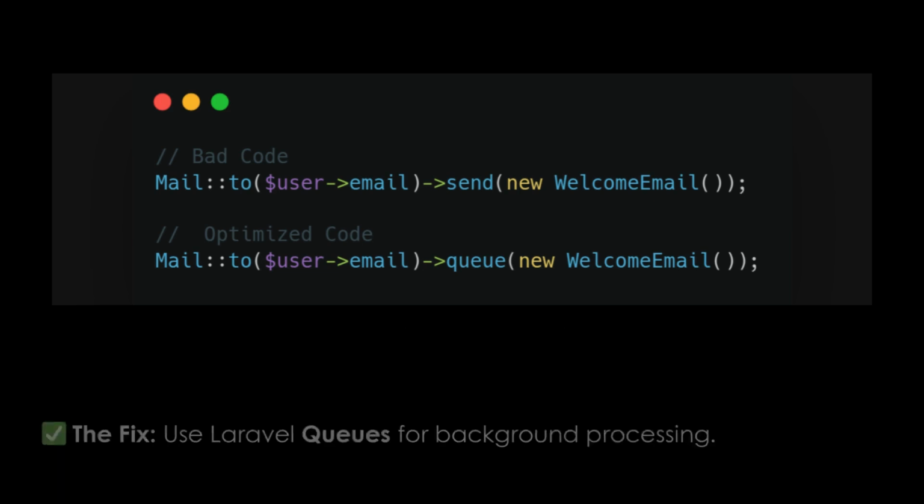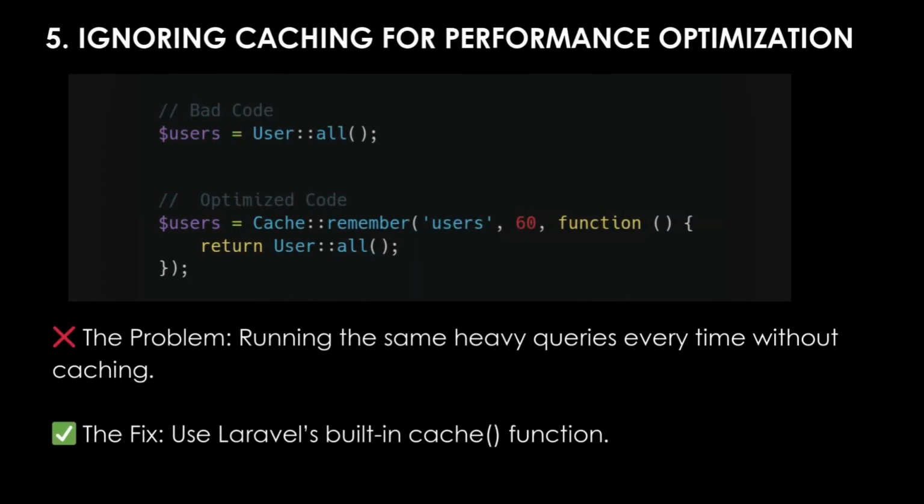And another mistake I want to share is ignoring caching. So the problem here is you run expensive DB queries again and again even when the data rarely changes, like $users = User::all(). You are fetching all the data again and again, right? So it slows down your app's performance.